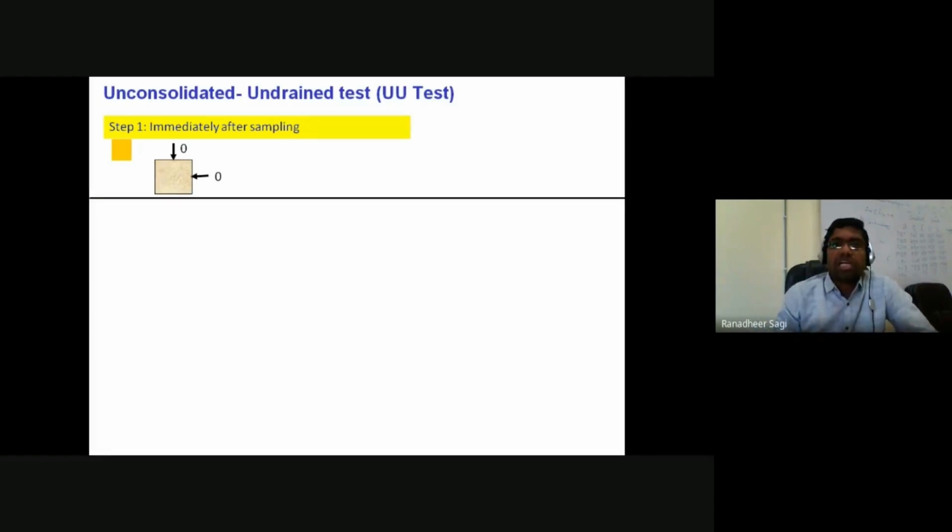Because of that slight increase in volume, the pore water pressures which were existing earlier now get changed to negative pore water pressures. That pore water pressure which exists and remains in the soil sample is what is called your residual pore water pressure. That is not going to become zero, but a slight amount of negative pore water pressure should be existing in that soil sample.